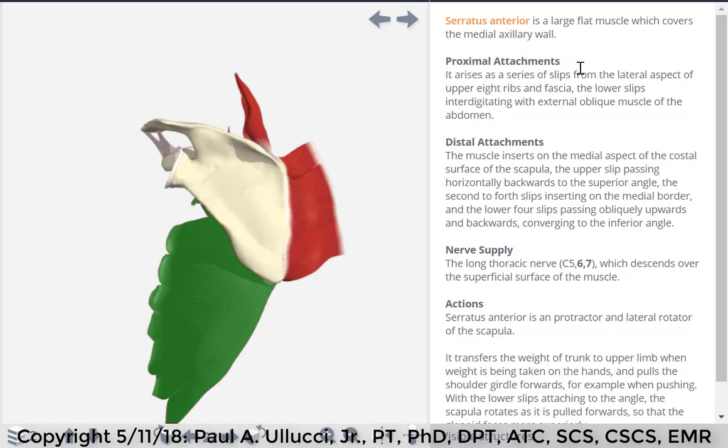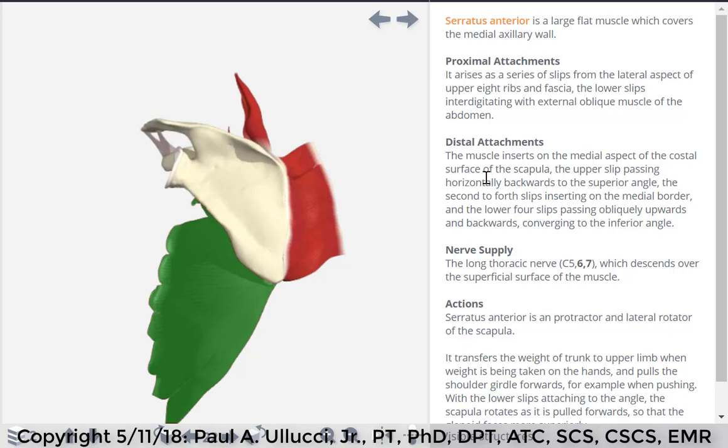Well, it's a series of slips from the lateral aspect of the upper 8 ribs, so ribs 1 through 8, and the fascia associated with them. It also has an interdigitation with the external oblique muscle of the abdomen. So if I was writing a flashcard, I would say serratus anterior proximal attachment would be the upper 8 ribs, or ribs 1 through 8, the fascia of the ribs, and the external oblique muscle.